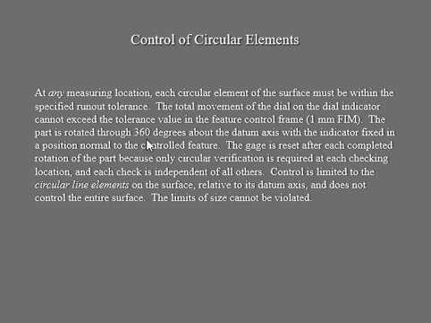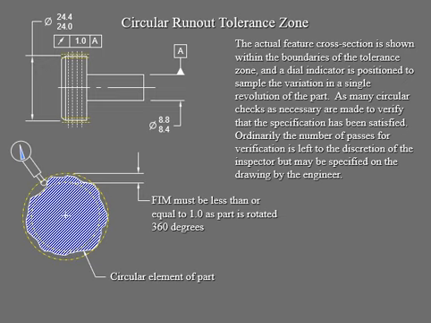And then of course your rotation of 360 degrees going around that datum axis, and that's got to be again 90 degrees to the control feature, which is your surface that you are gauging. So the gauge is going to reset after you finish your complete rotation to do your verification, and that's for each checking location, which we already showed you right here.